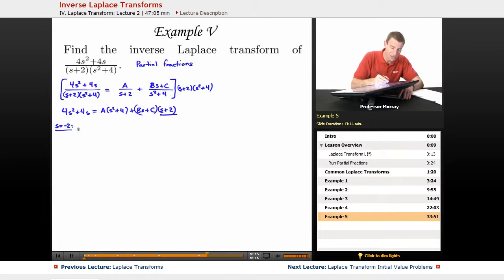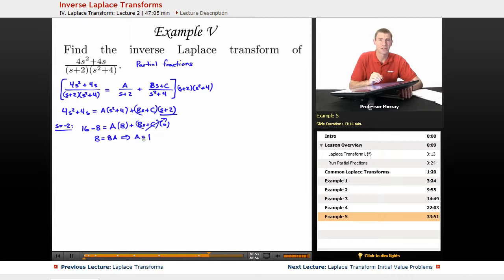On the left side, 4s squared will be 16, because it's 4 times 4, plus 4 times s, which is minus 8 since s is negative 2, is equal to A times s squared plus 4, which is 8. The whole point here is that the Bs plus C terms get multiplied by 0, and therefore they drop out. So we get A times 8 is equal to 8, and right away we figure out that A is equal to 1.